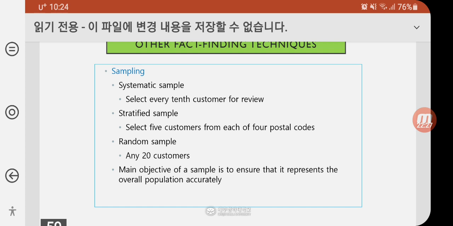Sampling is composed of 3 types: systematic sample, stratified sample, random sample. A systematic sample is to select every 10th customer for review.